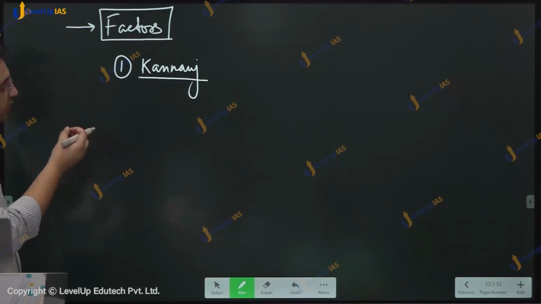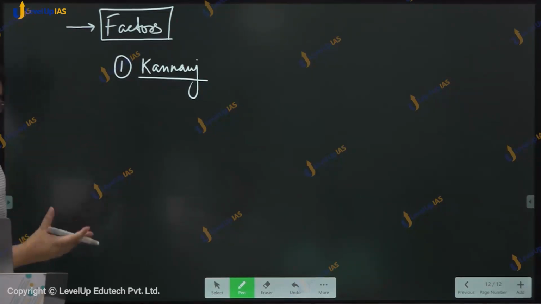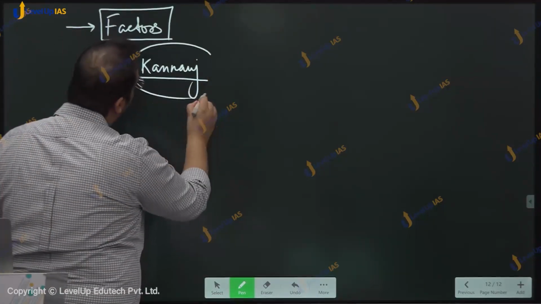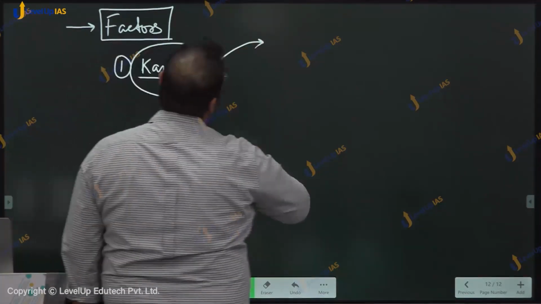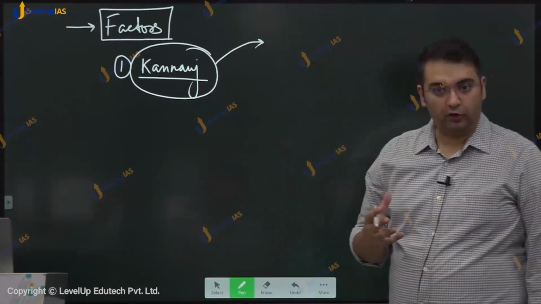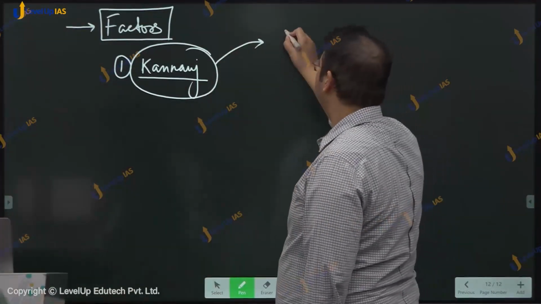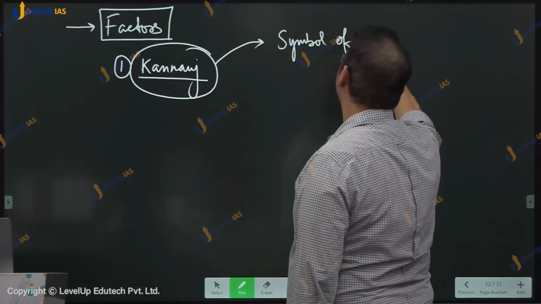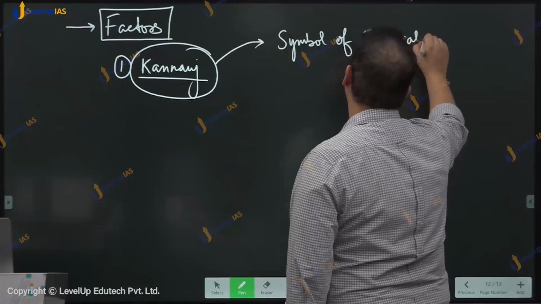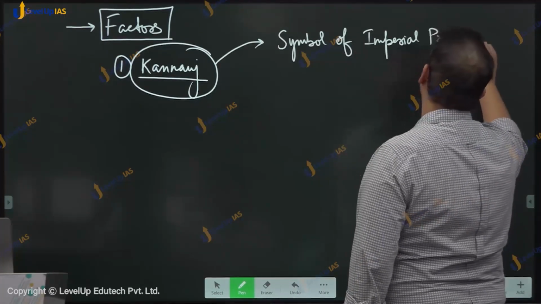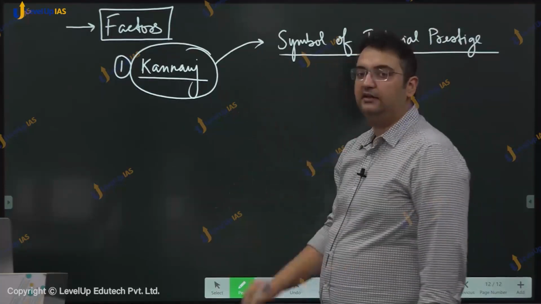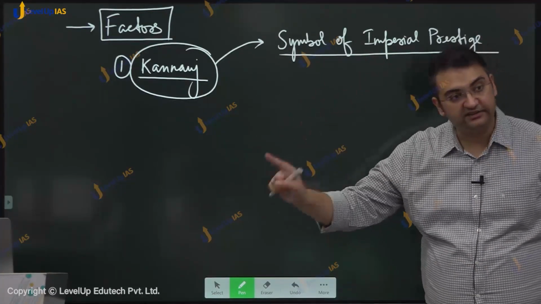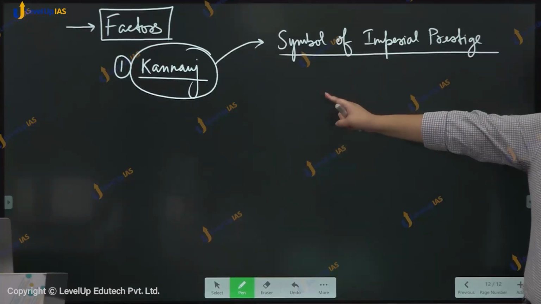Powerful rulers had ruled from Kannauj, such as Harshvardhan, Yashodharman, etc. As such, the city of Kannauj had become the symbol of royal power, the symbol of imperial prestige. And this meant that the rule of no empire would be considered universal until and unless they controlled the city of Kannauj.